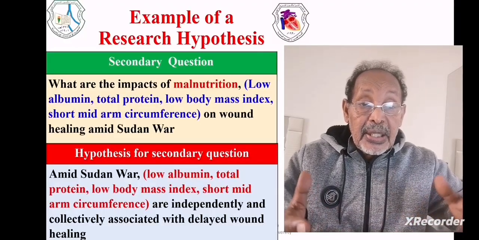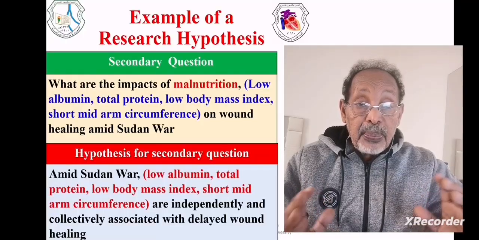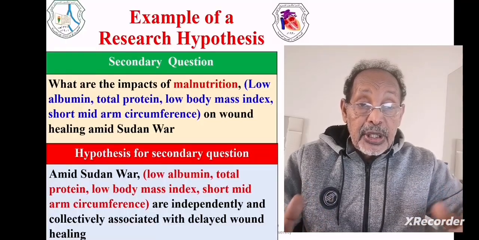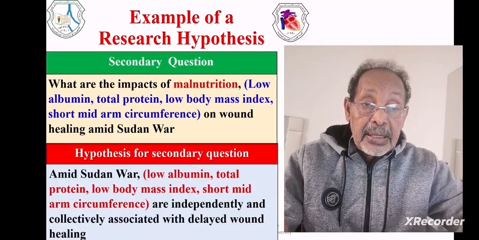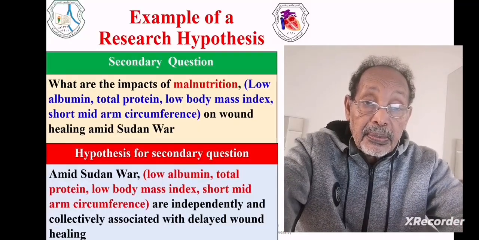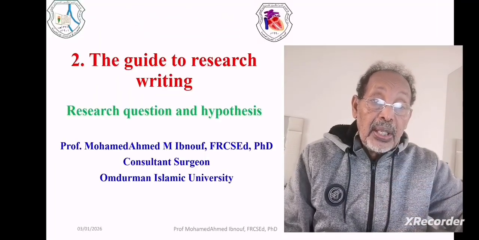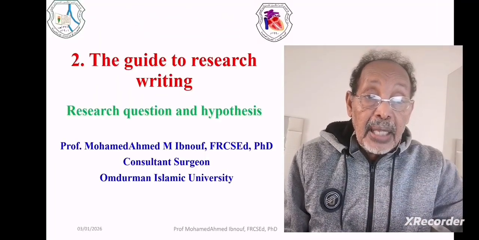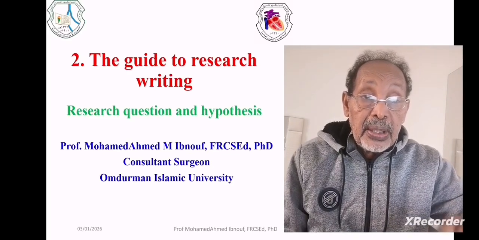So this is a direction. Now we are giving a postulation. We are giving a hypothesis that shows directions of these variables. They delay wound healing. They increase the complication rate. It is directional. So to this point, I will stop, and we'll see you in another video.